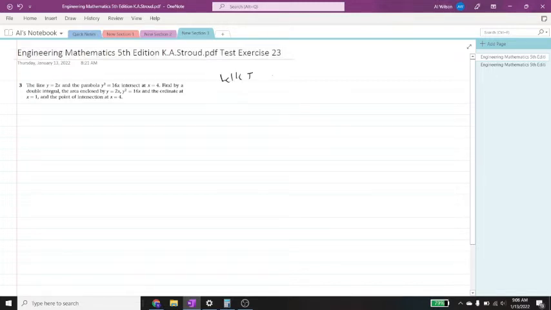We know that we have y equals 2x, and y squared equals 16x. Since we're looking for y, we're going to take the root. So y is equal to 4x to the half.